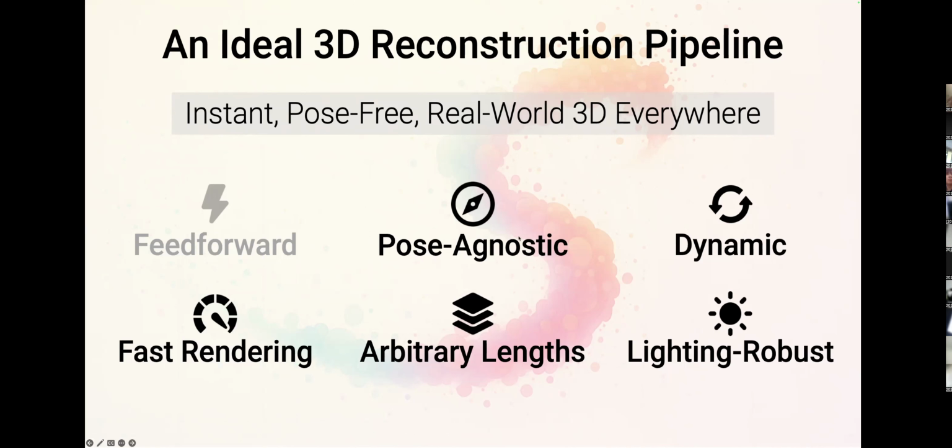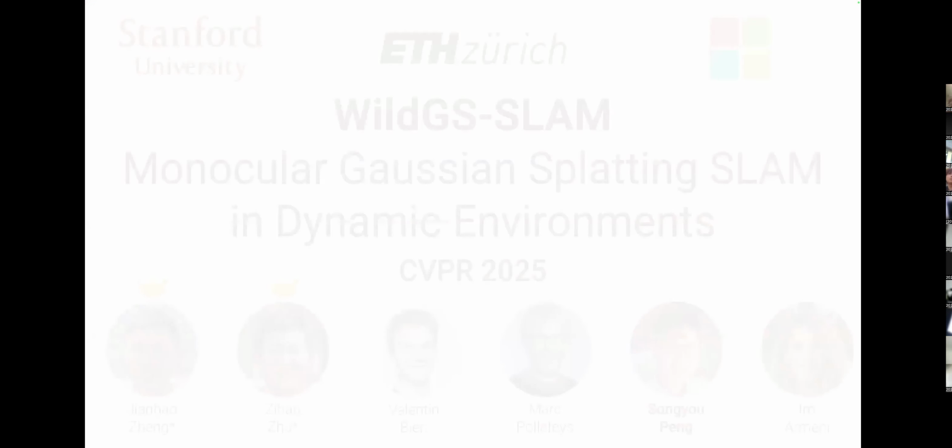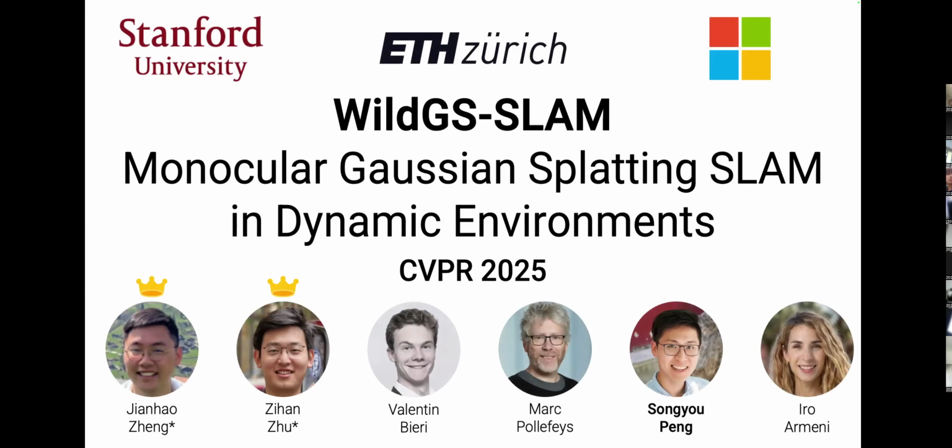So one thing we should do is, again, remove the pose requirements. So basically, this means that we have another follow-up work from Wild Gaussians to WildGS-SLAM. Again, this is a work done by two amazing students. So also accepted to CVPR.